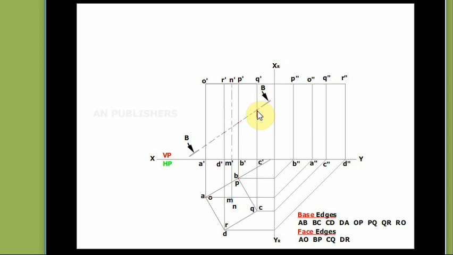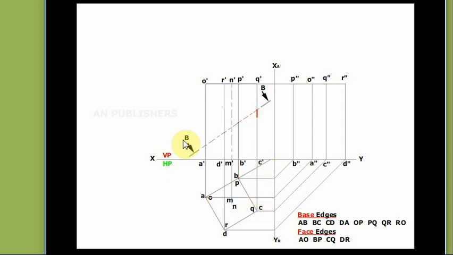So this point should be projected to the respective edge on the horizontal, on the top view. That is, CQ is the respective edge. Since it is perpendicular to HP, we are seeing it as a point. So from this point you have to project it up to here.